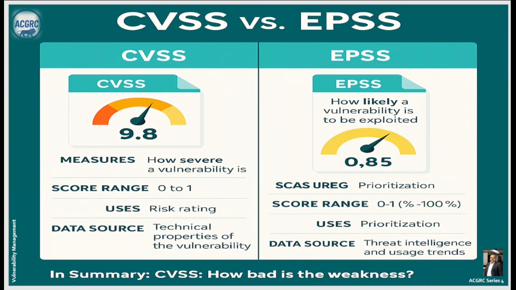In summary, CVSS is how bad is the weakness, whereas EPSS is how likely is it to be used by attackers soon. By combining both scores, you can make smarter, faster, and more accurate decisions in your vulnerability management process. I hope this helps you in some way.